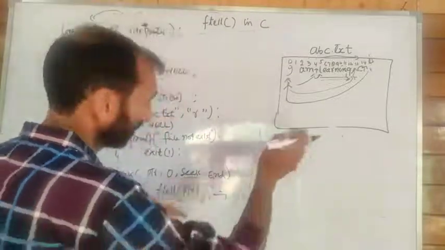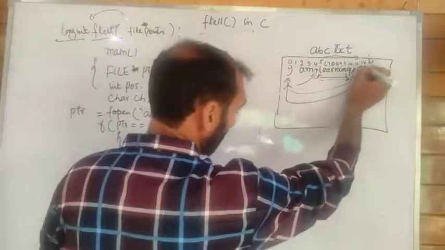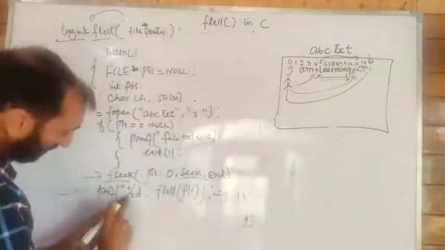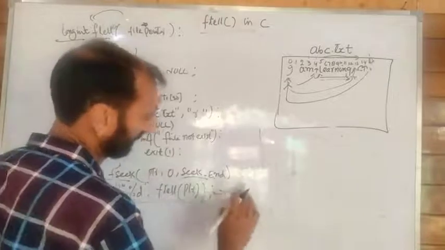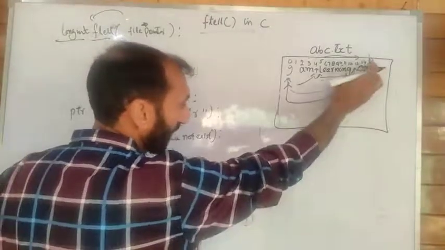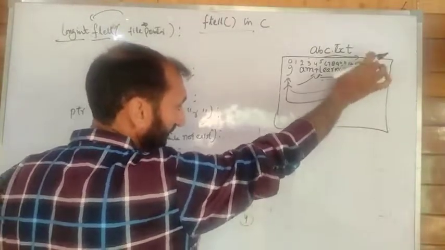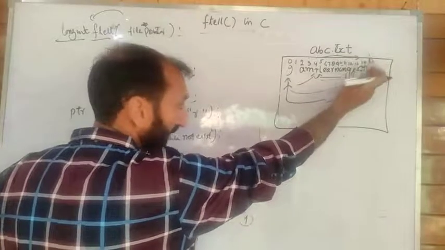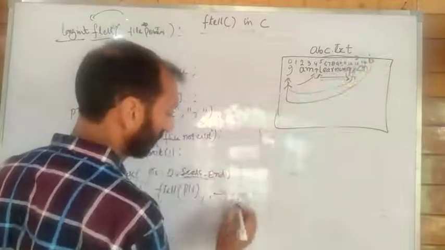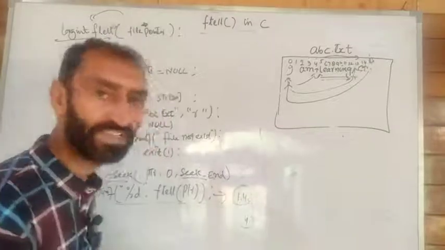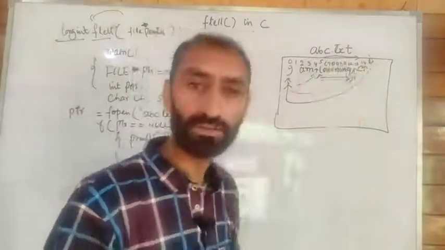So here we have set the file pointer at the end, so this instruction will return 14, because the cursor is pointing to the last location, the last byte. Obviously 14 is the length of this file.